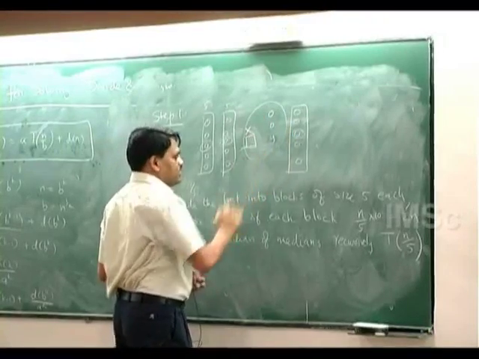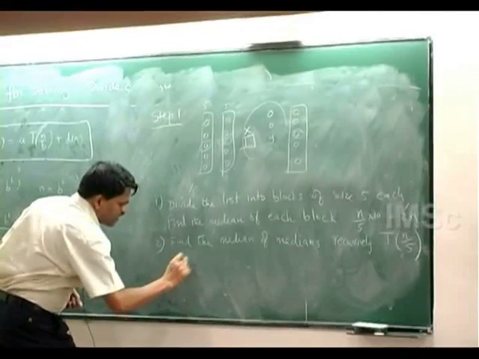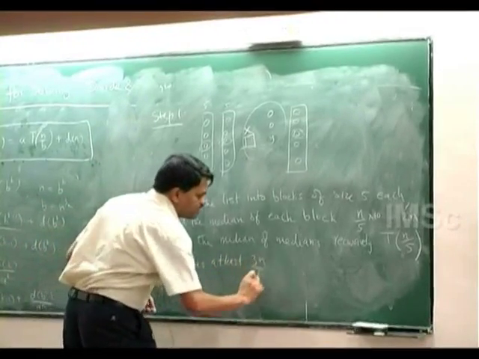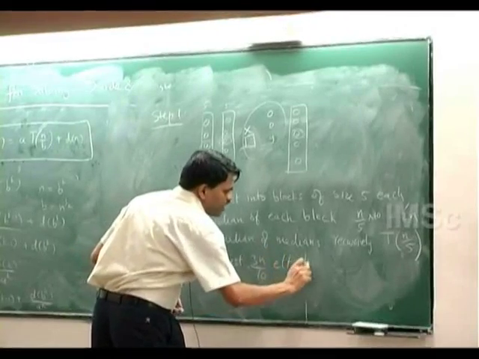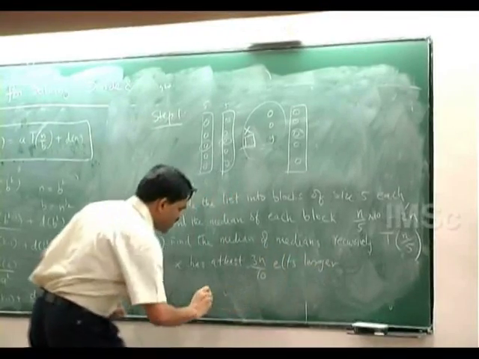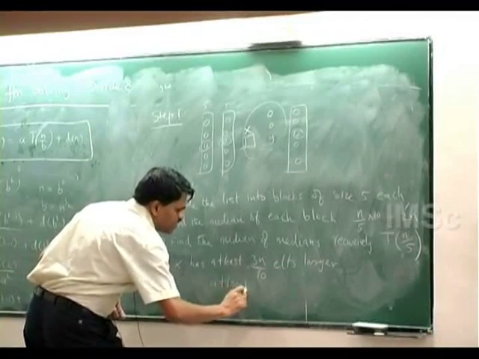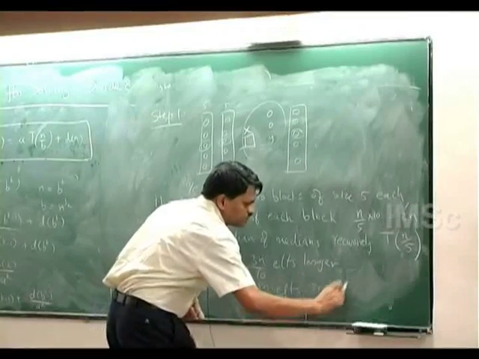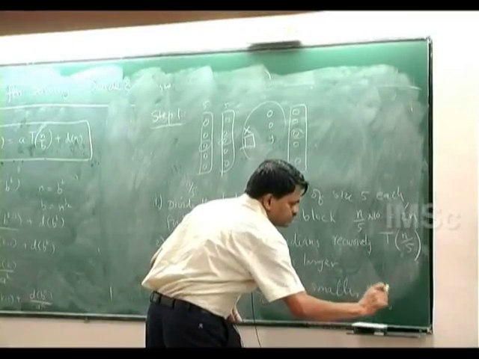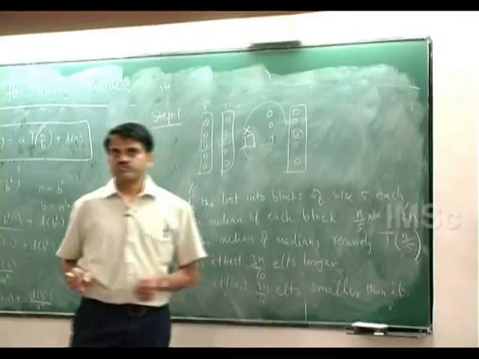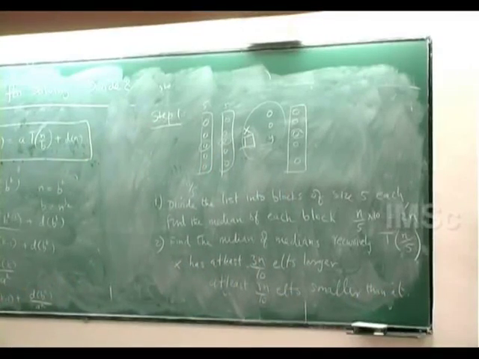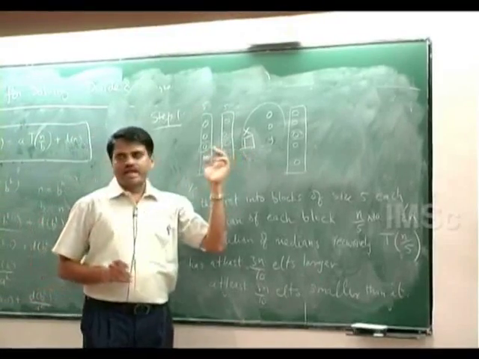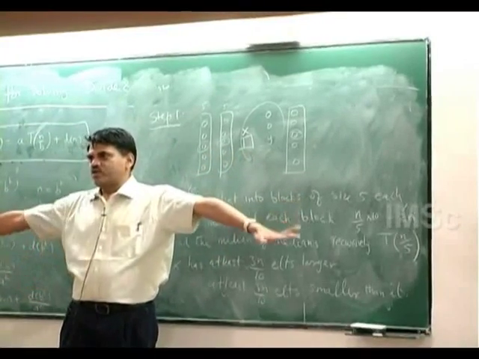So actually x has at least 3n by 10 elements larger, and by the same argument at least 3n by 10 elements smaller. Okay, so is it clear? There are n over 10 elements smaller than this, n over 10 elements larger than this.